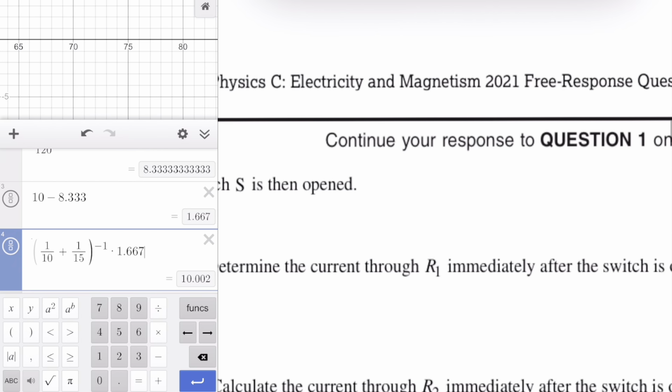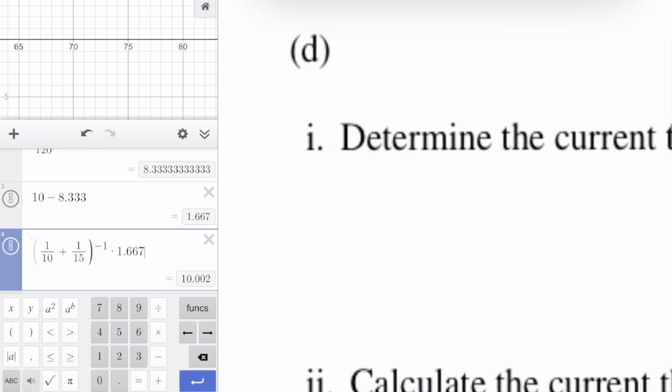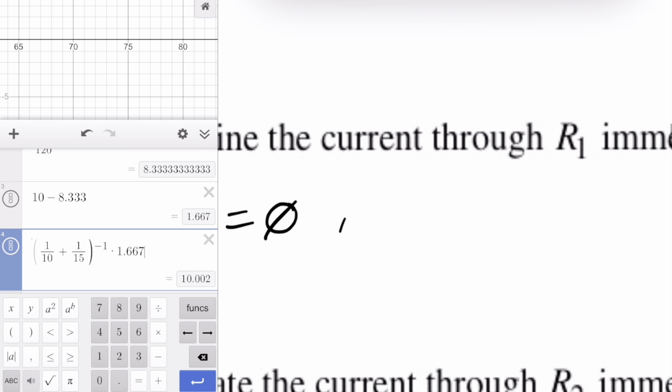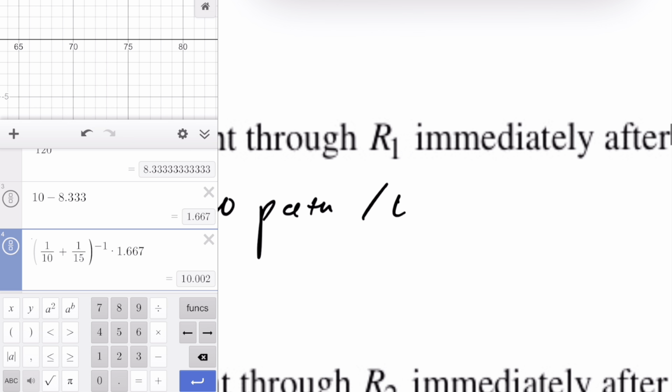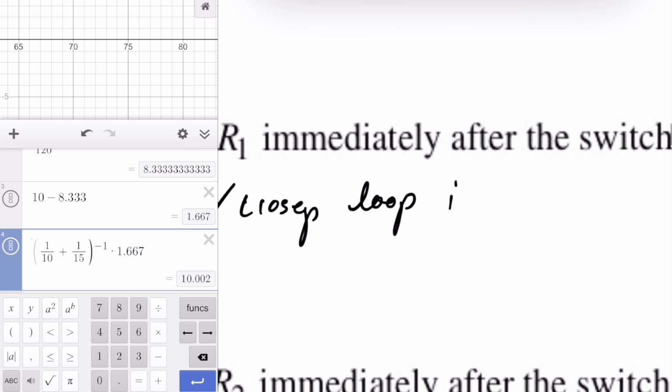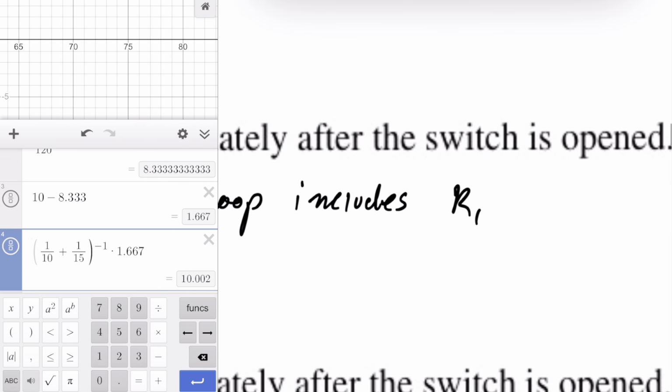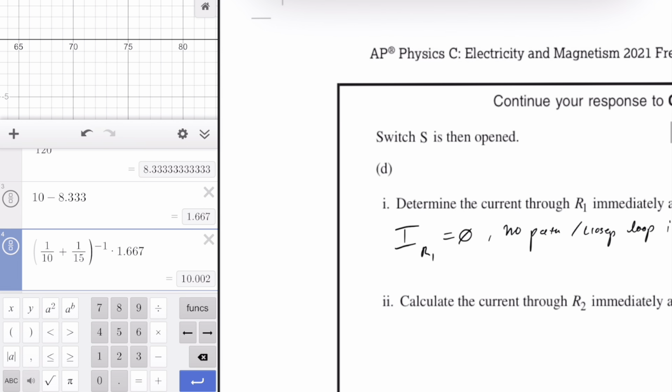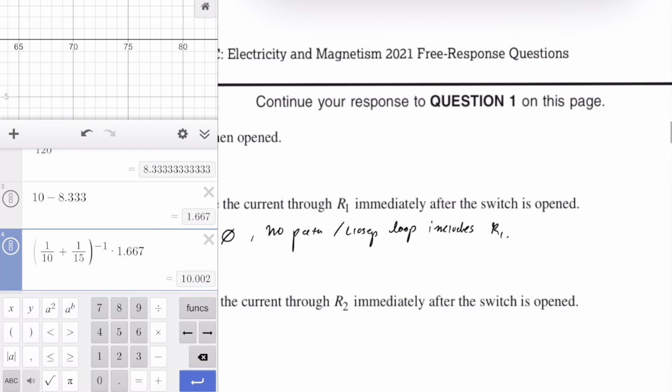So we're going to say IR1 equals 0. No path / closed loop includes R1. Done.